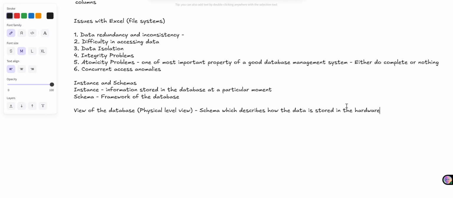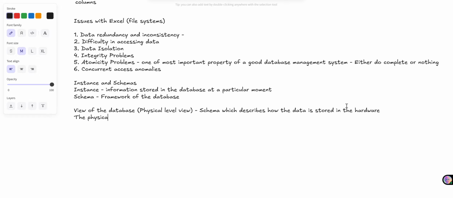Suppose someone not much aware of the data accesses the physical level data, then he gets every right to disturb or delete it. If a person deleted all of Google's data, your every Gmail and photos stored in Google Drive, everything would be gone in a second. So not everyone gets the right of the physical level view of the database. Only the administrator gets it. It is simply an abstraction.